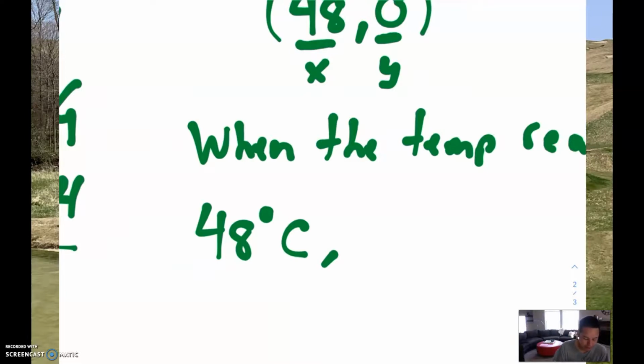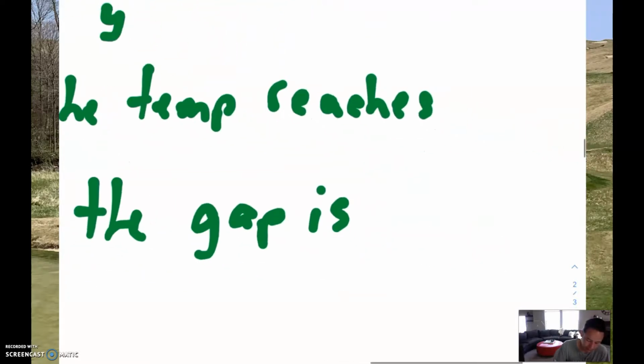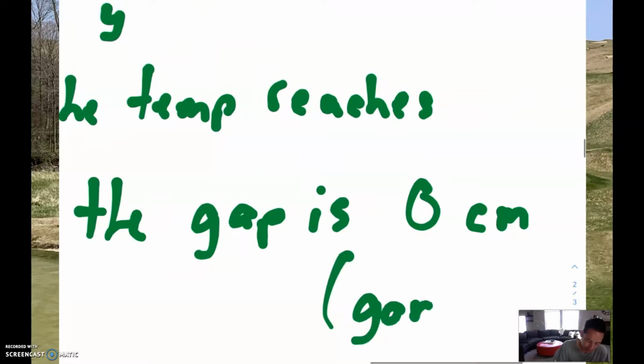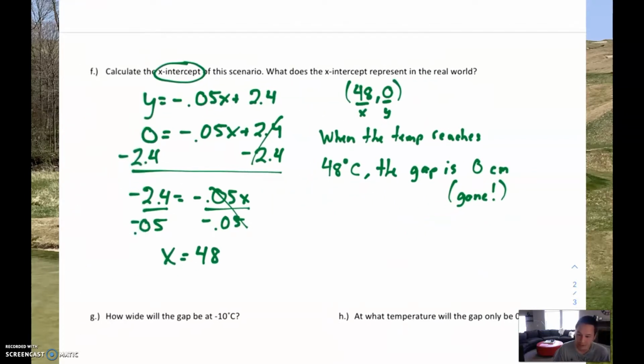When it reaches 48 degrees Celsius, the gap is 0 centimeters. It is gone. And that's when it's going to be so hot that that road starts to buckle, and then some bad things can happen. So hopefully these people building the roads are doing their job correctly and they're measuring things properly, and then they're going to make it so that doesn't happen.